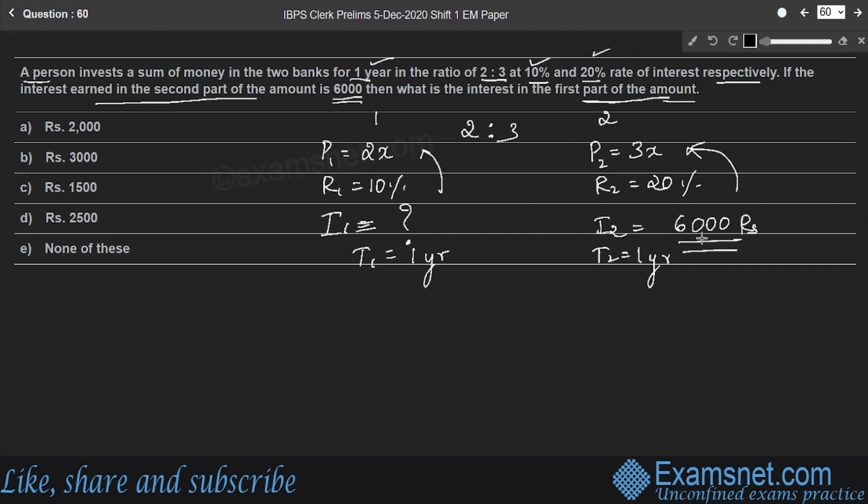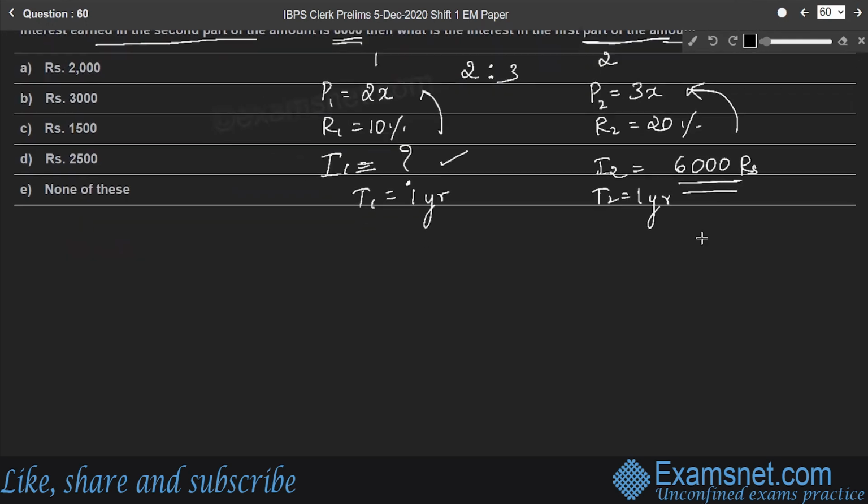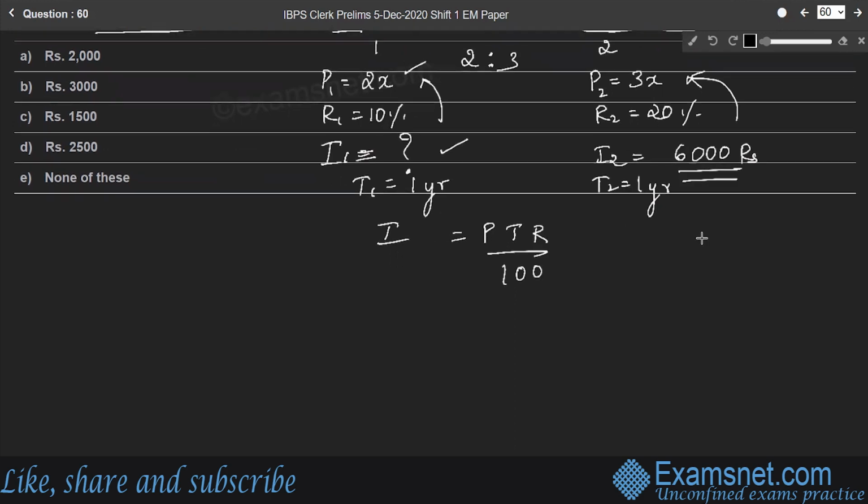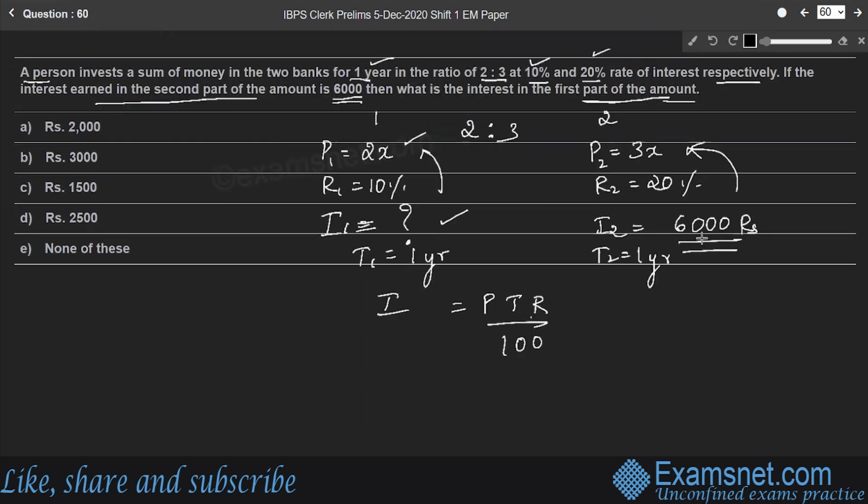Right? So here, in order to calculate the interest, we are using the formula of simple interest. I is equal to PTR by 100. So with respect to the first bank, it is P1 T1 R1 by 100. With respect to the second bank, it is P2 T2 R2 by 100. So here it is asked, what is the interest in the first part of the amount. I1 we have to calculate, right?